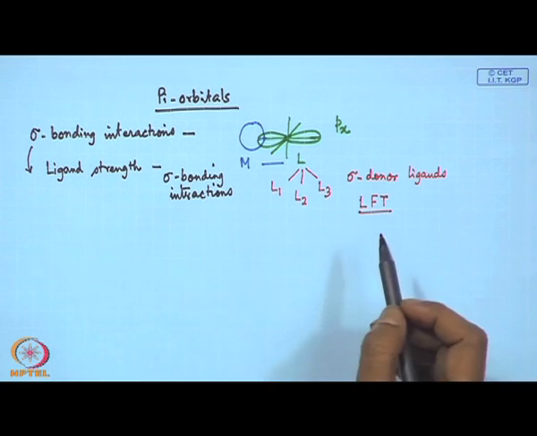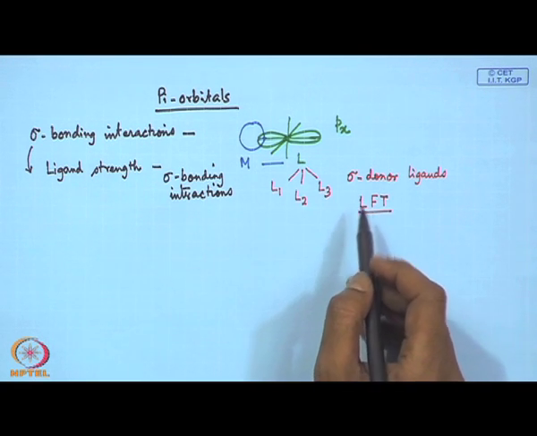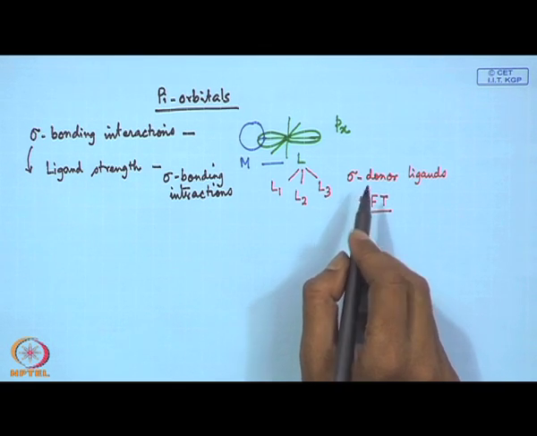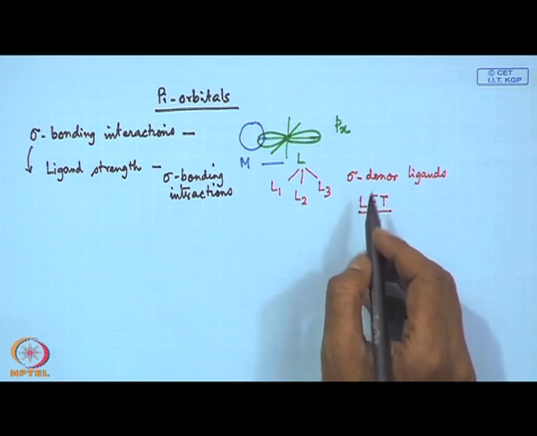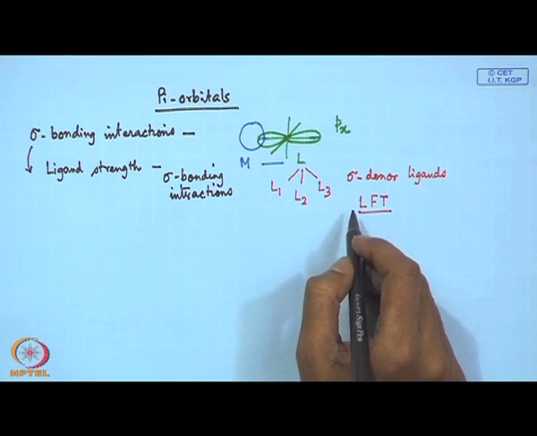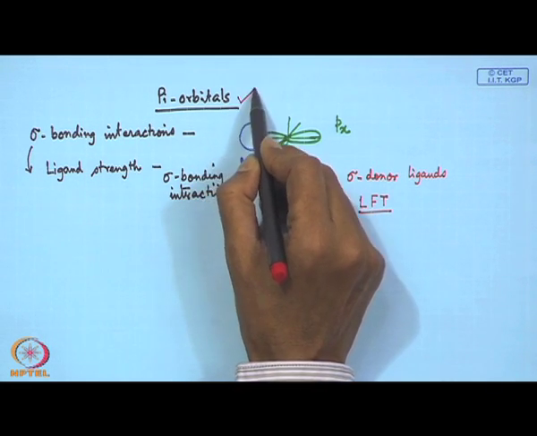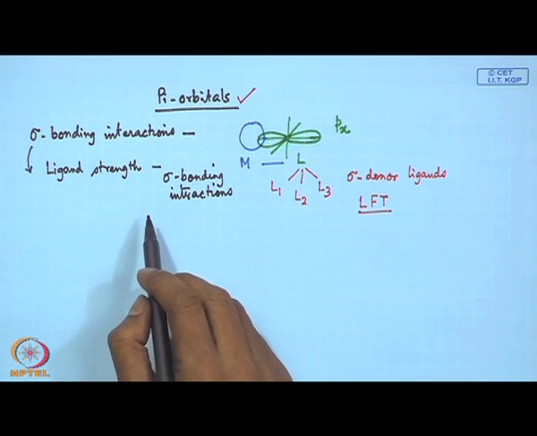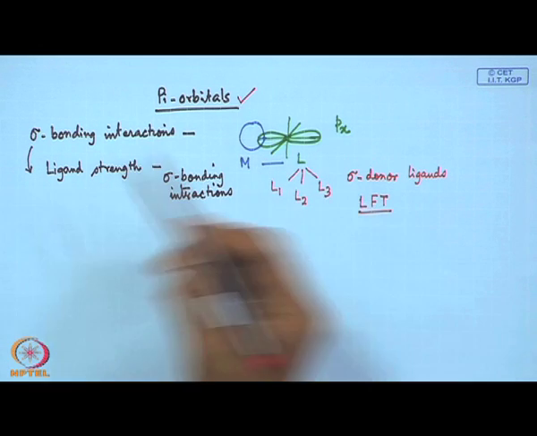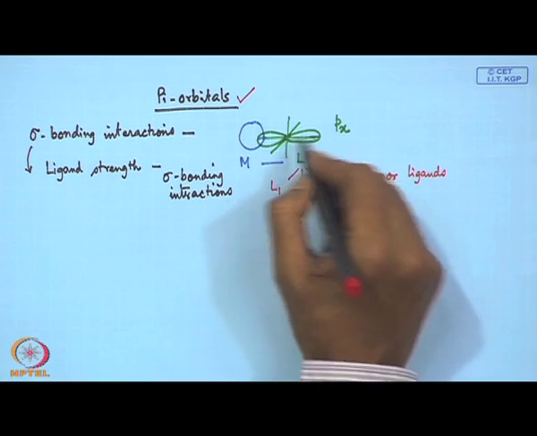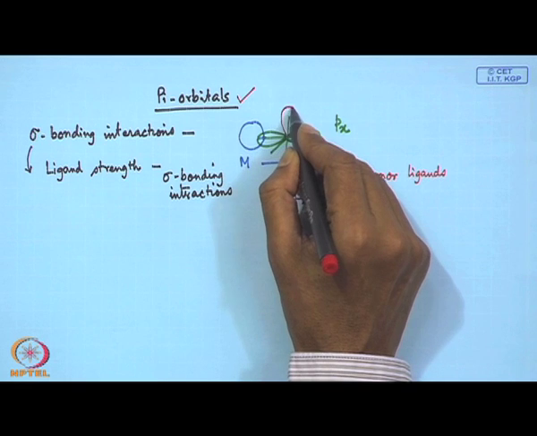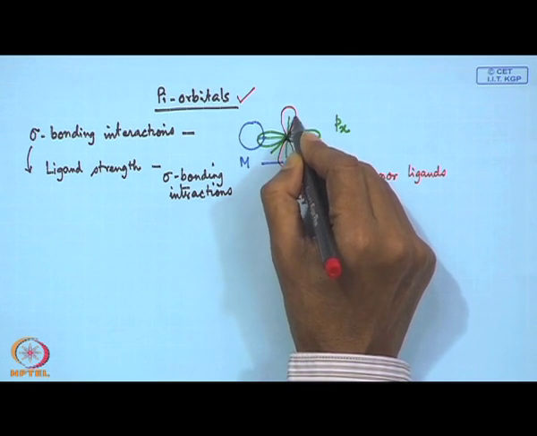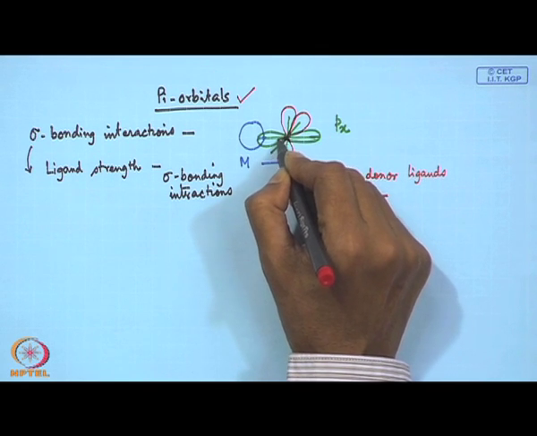But when we consider the other sort of interaction, because the sigma bonding interaction is not the only interaction which is taking place with the metal and the ligand, and some interesting interactions we can have from these pi orbitals. So, we must have some choice for the remaining orbitals which are available from the ligand set, that means the corresponding px and the py orbitals.